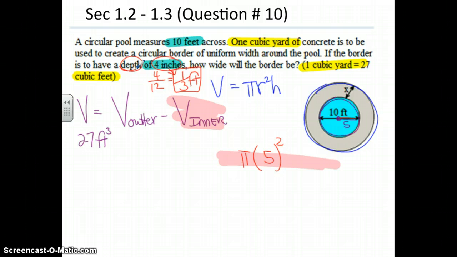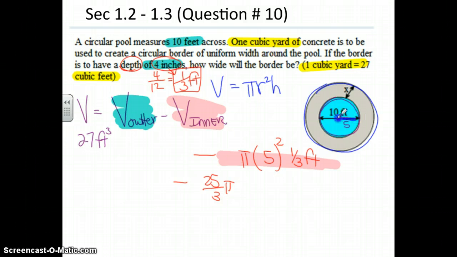So the depth, I think, is this 4 inches, which is 1/3 of a foot. That's equivalent to 25/3 pi.